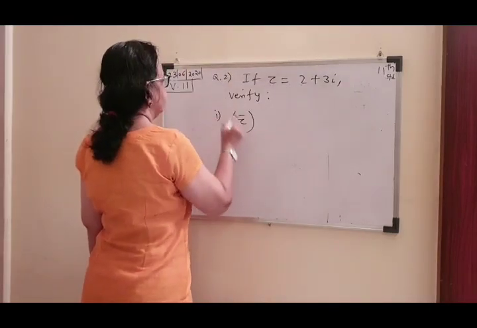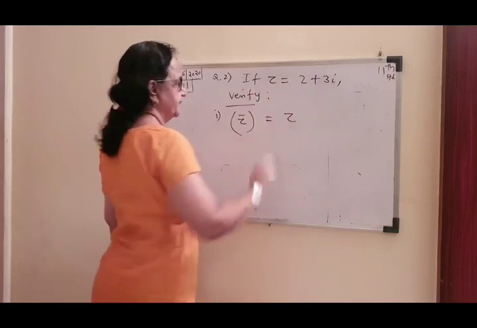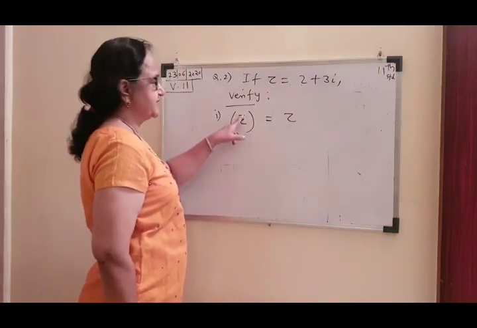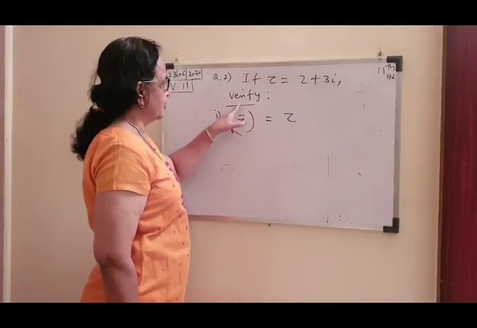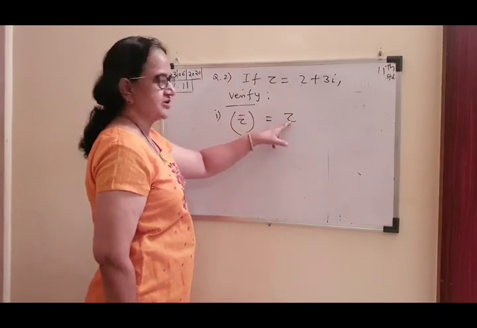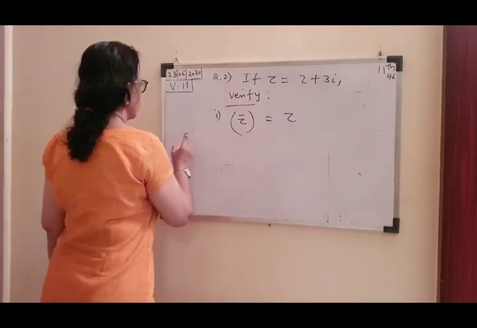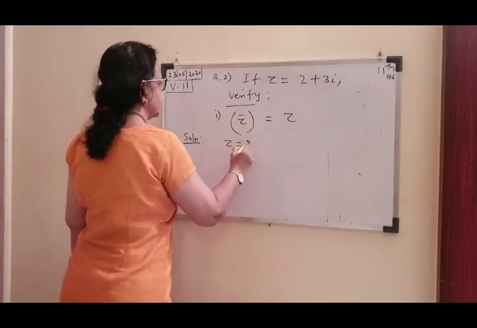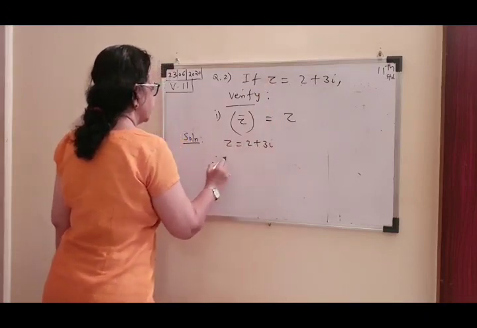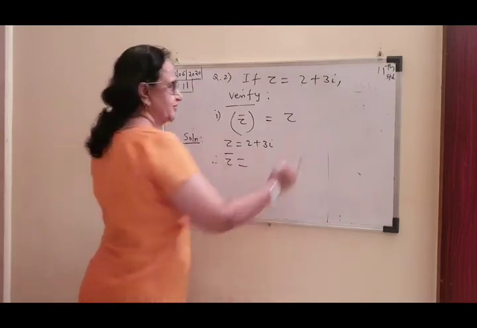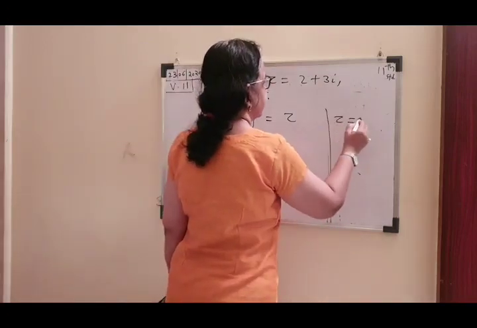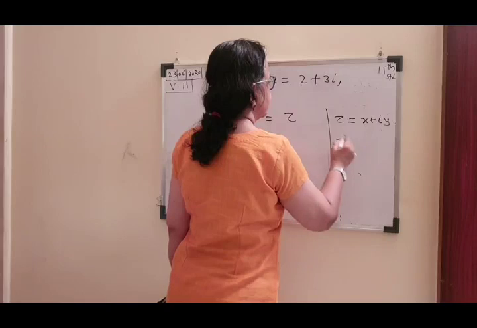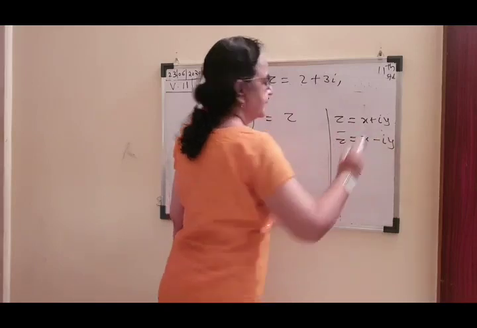z bar bar equal to z. You know z bar is the conjugate of z. So the conjugate of a conjugate gives back the original number. Very easy to follow. See the solution. Let us first copy z. z is 2 plus 3i. So what is z bar? Conjugate, definition revise. If z is x plus iy, conjugate is always x minus iy.